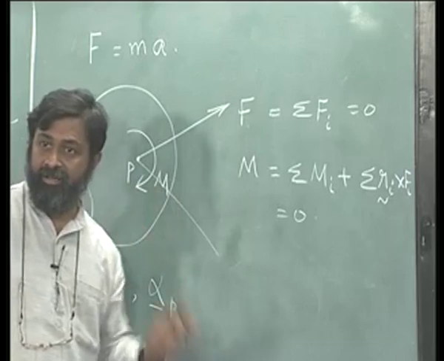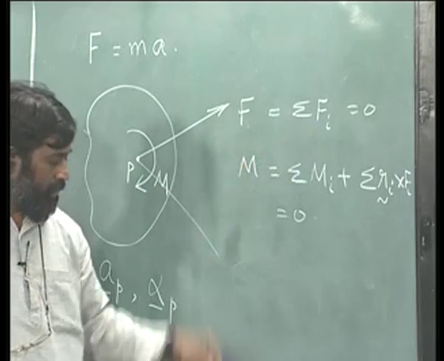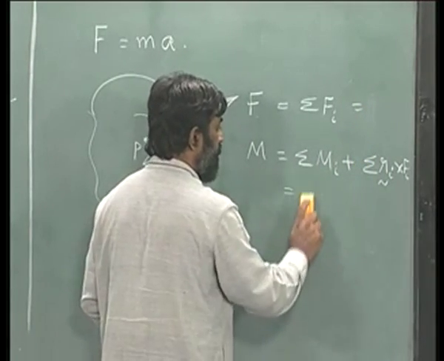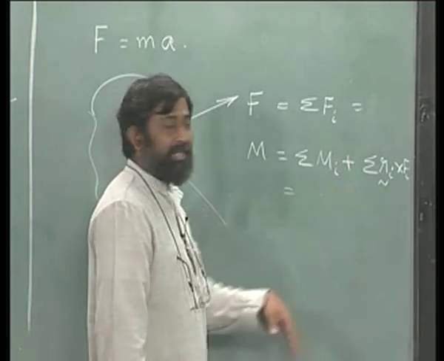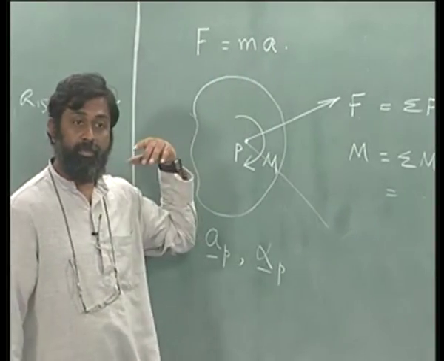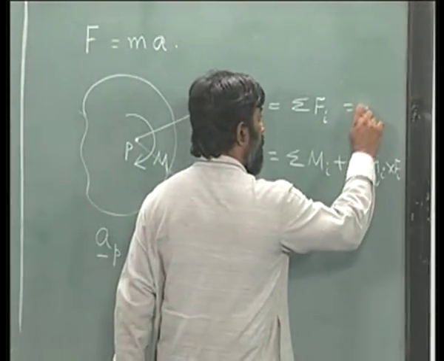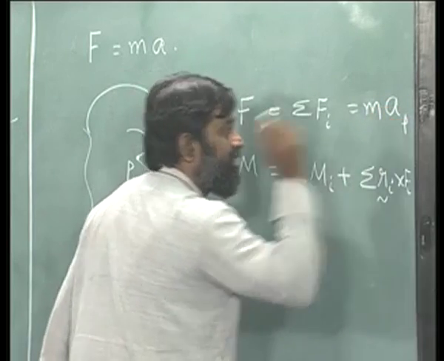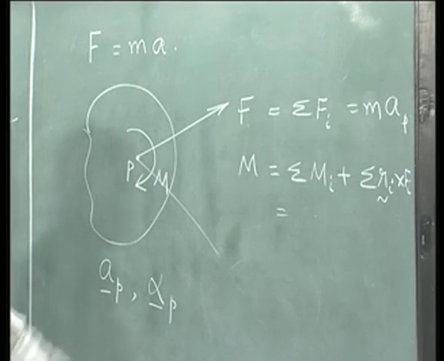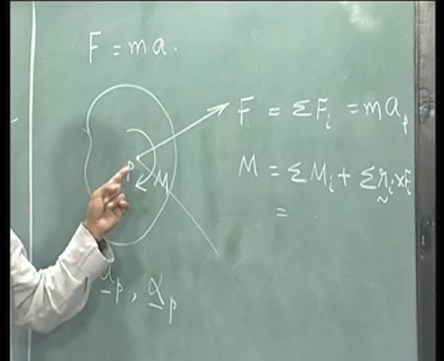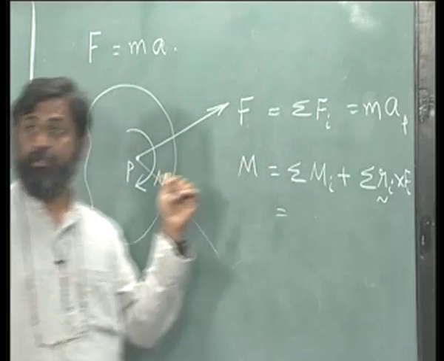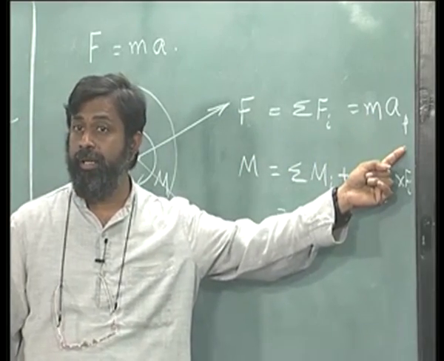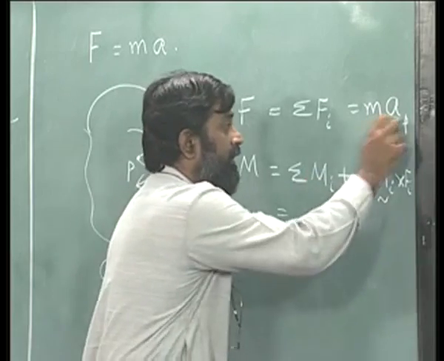This is no more valid. What I will do is chop this off and chop this off. Since it is an acceleration, and it has to obey Newton's laws, it is equal to total mass times AP, because the force resultant in question that I have found is with respect to P, and I find the acceleration of that particular point in the rigid body, that is AP, and I get an equation.